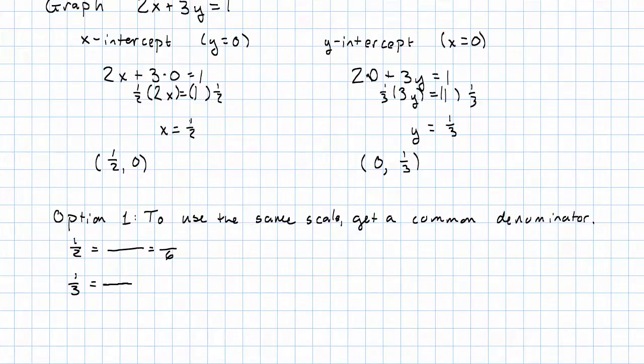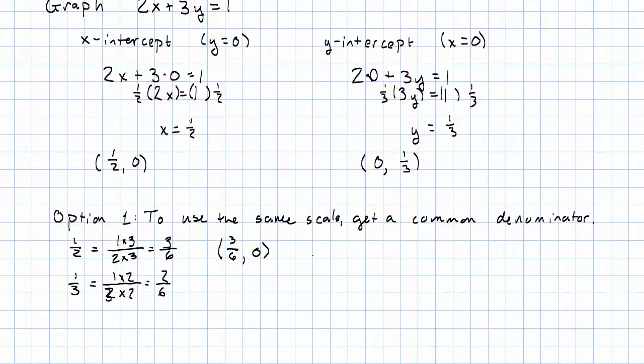If you don't immediately see that, you can use the calculator. 3 times 2, therefore 1 times 2. 1/3 is 2/6. 2 times 3, therefore 1 times 3. 1/2 is 3/6.